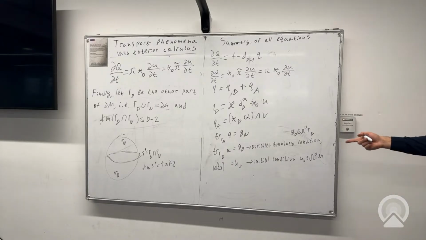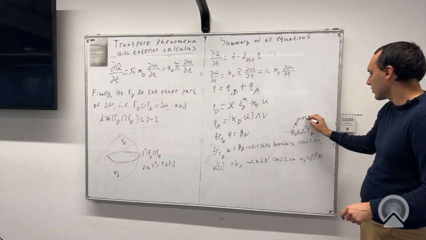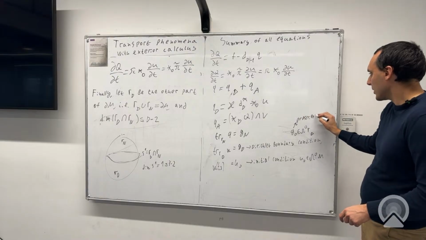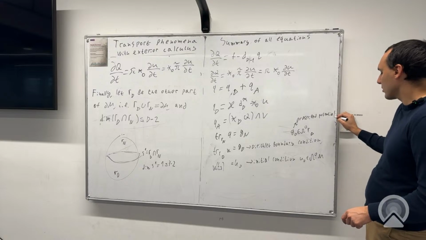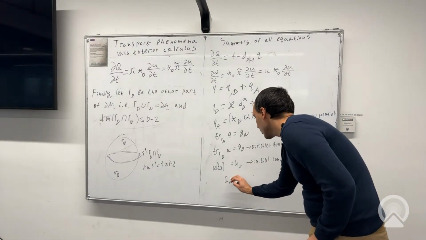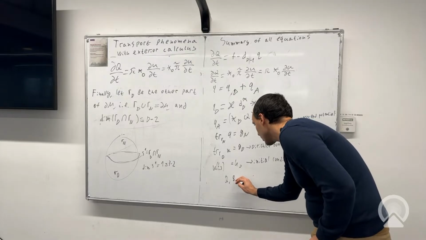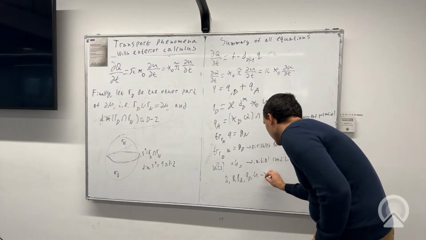So this is the prescribed potential. So this is given, and Q, QA, QD, U, these are unknowns.